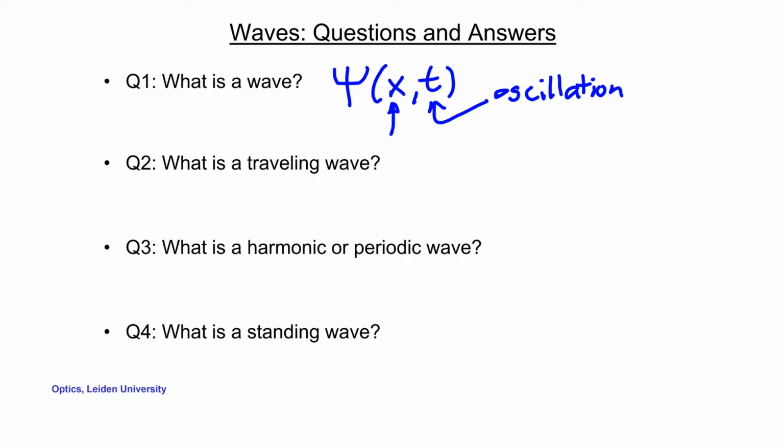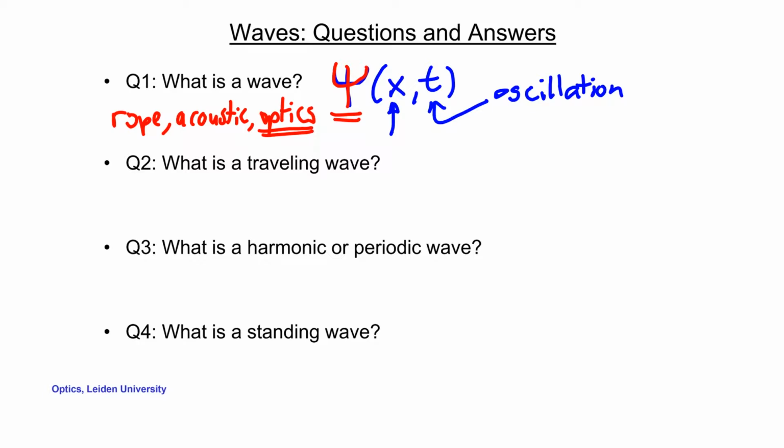And that something, indicated here by psi, can basically be anything. It depends on the system, right? It can be an oscillation in a rope. It can be something like acoustics. But it can also be, for instance, an electromagnetic wave that we deal with in optics. So a wave, something in space and time.